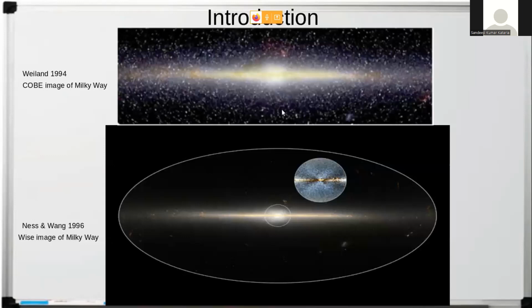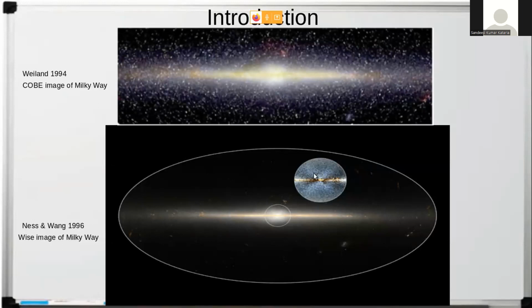Introduction to BPX bulges. This is one of the COBE images of the central region of the Milky Way, where you can see a bulge clearly visible. But when you see the WISE image of the Milky Way, then you can see there is a clear X shape in the central region. When you zoom in, you can clearly see that the star particles have an X-shaped distribution.